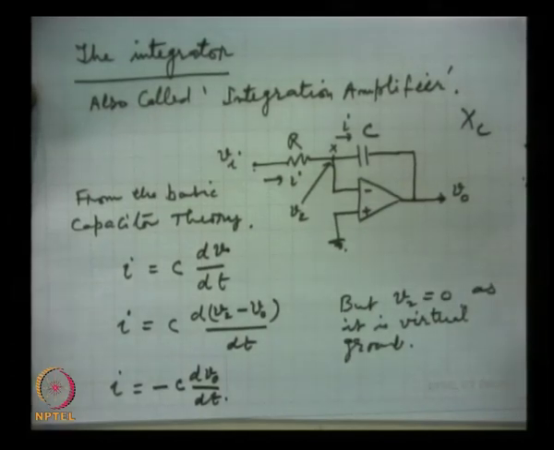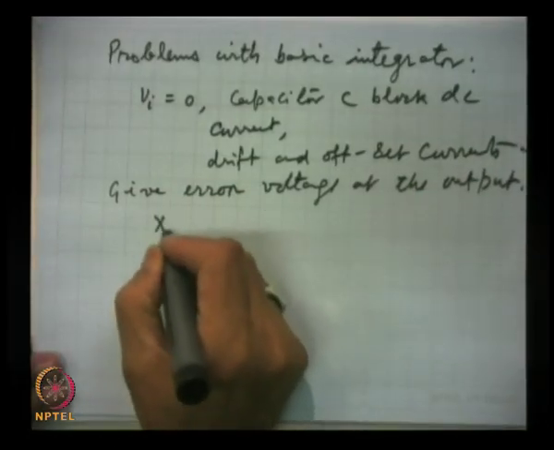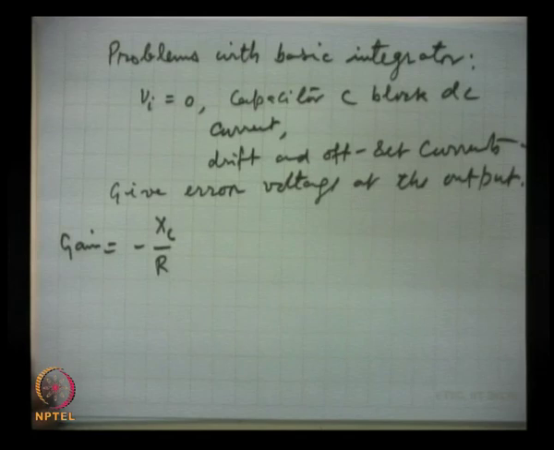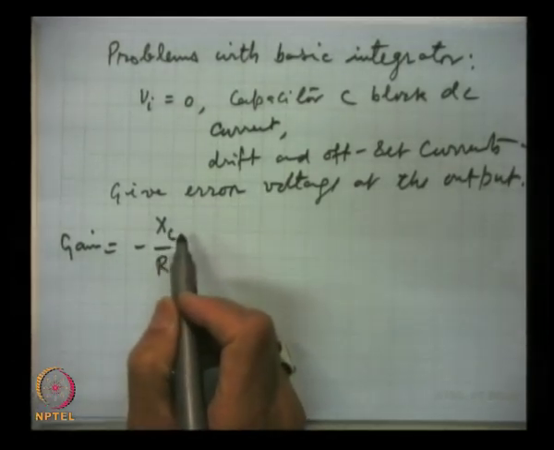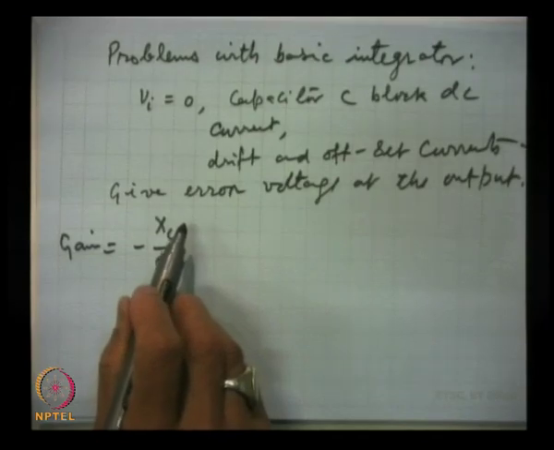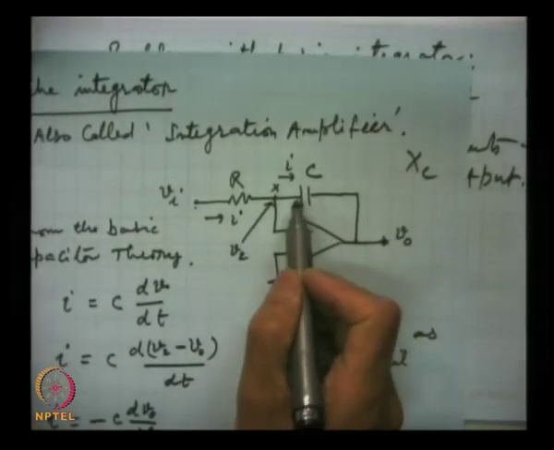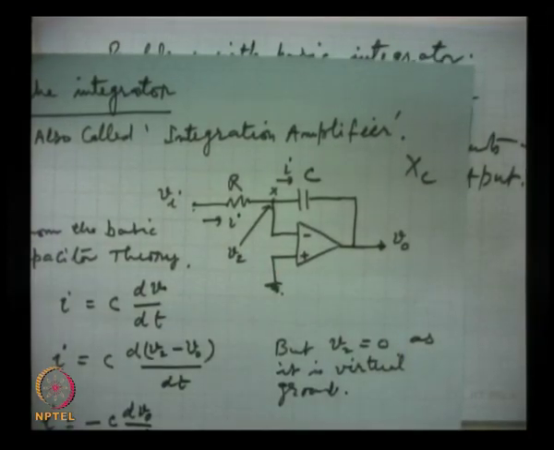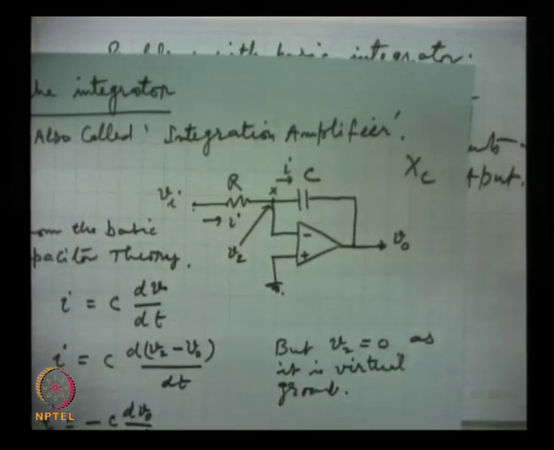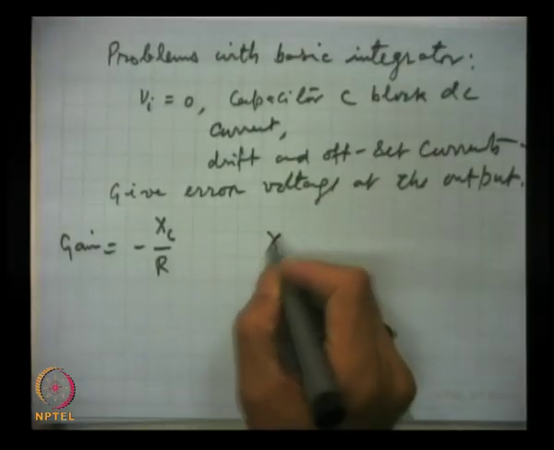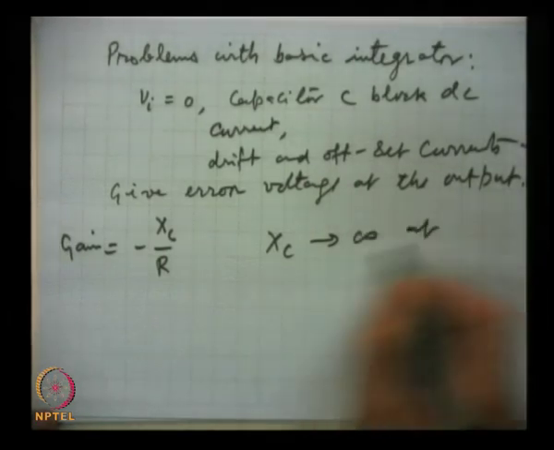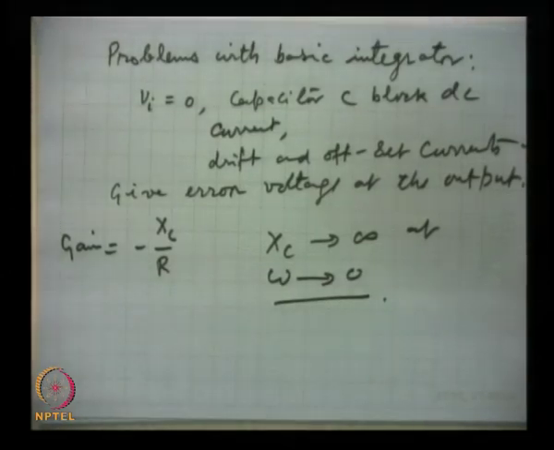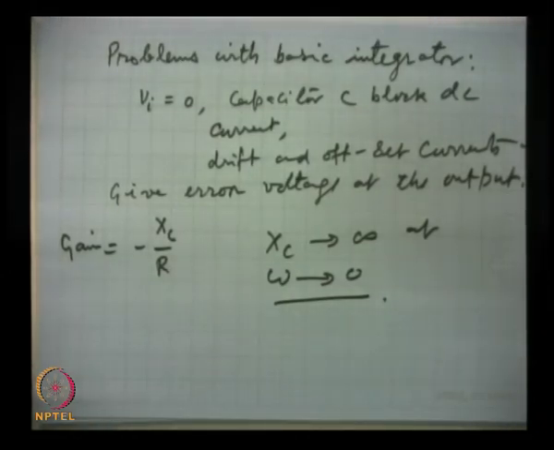So the gain is this, and the reactance is 1 by omega C. When omega approaches 0, this reactance XC approaches infinity. That means the gain will be very high for small frequencies.